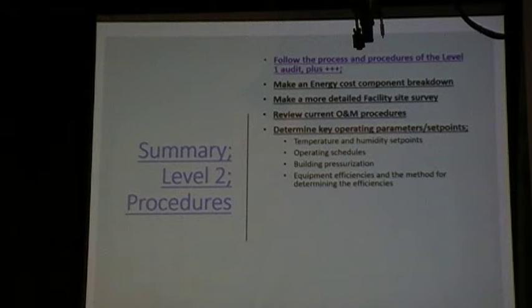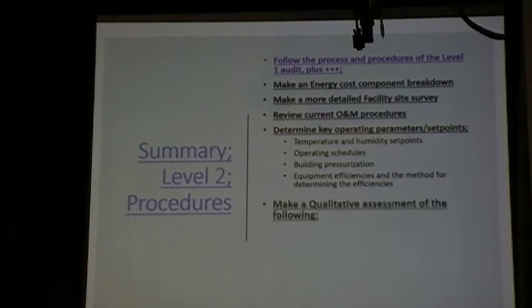Then you determine what the key operating parameters for the building are, like temperature set points, humidity set points, any kind of building pressurization levels, etc., etc. Obviously, you're going to go into the automatic temperature control system, building automation system, look at it, critique it, and make sure that it's working fine as you go through your level 2 audit.